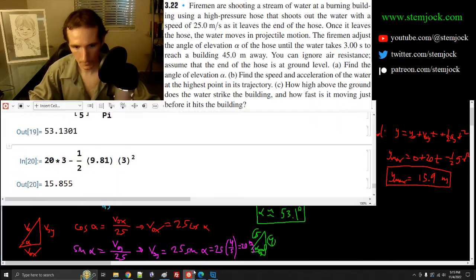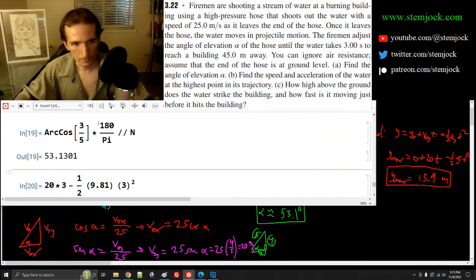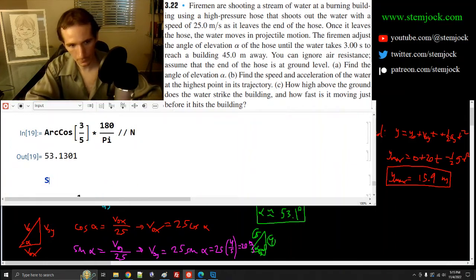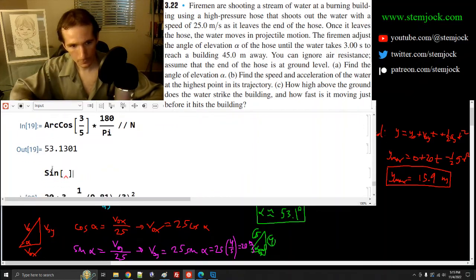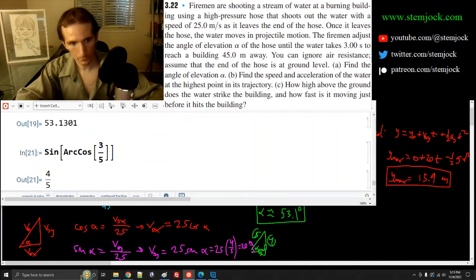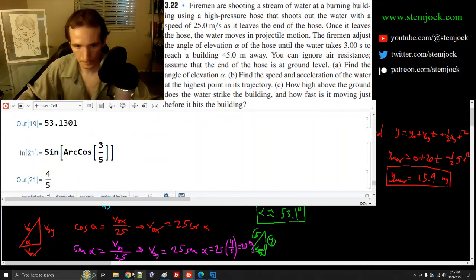And just to check, this here was alpha, right? So let me just go ahead and show you that sine of all of this. Four-fifths, yep, there we go.